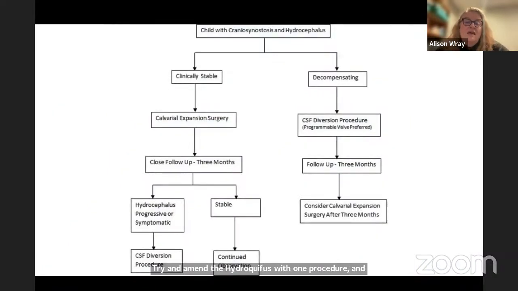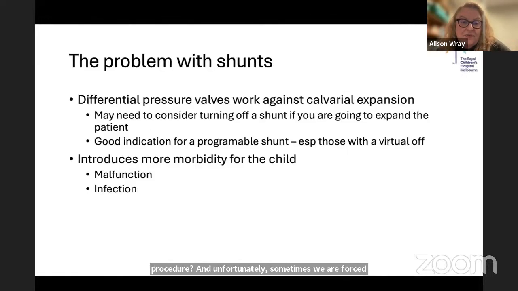And again, the other thing to think about is whether the child is clinically stable, and do you have time to plan a calvarial expansion surgery and have a slower improvement in the CSF circulation, or is the child decompensating and really needs CSF diversion as their first procedure? And unfortunately, sometimes we are forced into this by the nature of the disease itself.